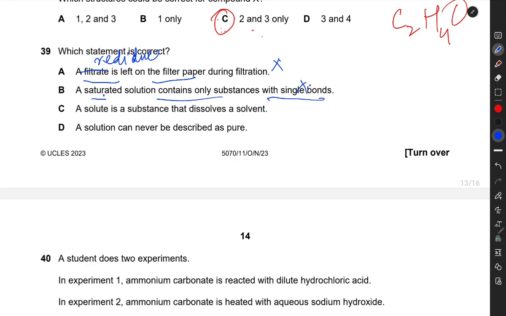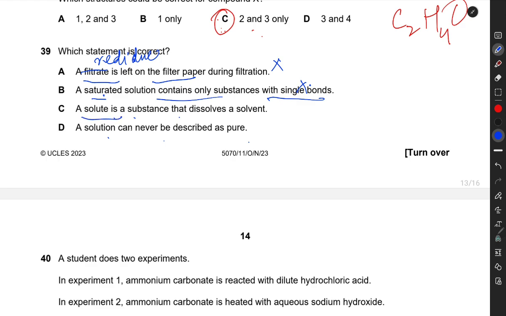A solute is a substance that dissolves in a solvent.